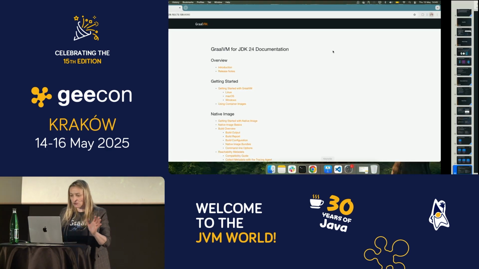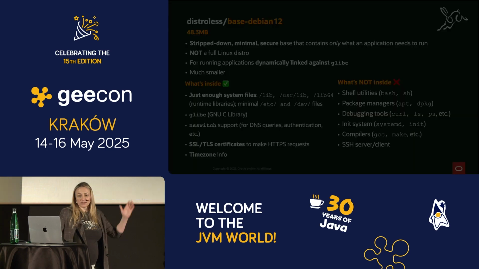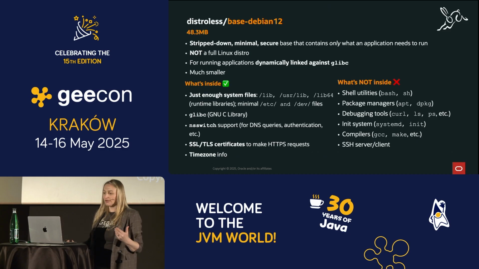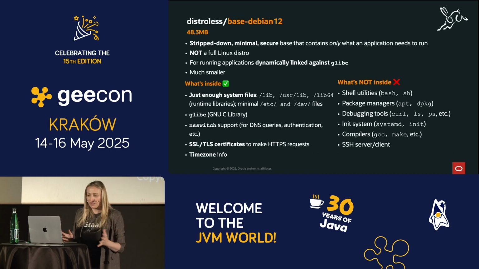And as you saw, the summary of this image, it's 60% less than the previous without Java libraries, 48.3. It's a stripped down, it's not a Linux distro, not a full one. But we have some file systems, some lib files, some minimal etc files, we have the glibc, which we need.